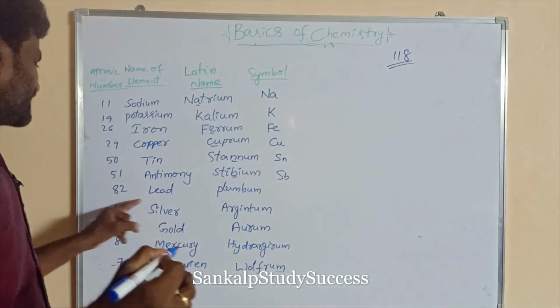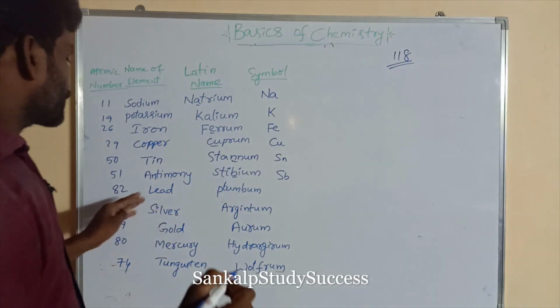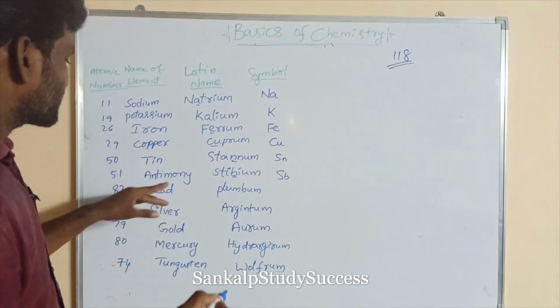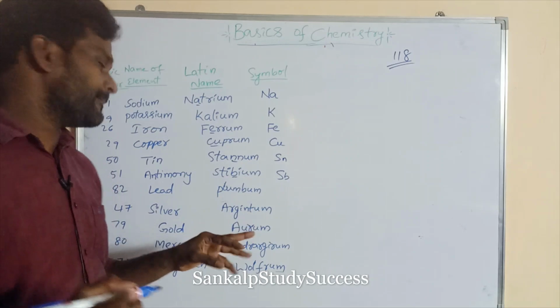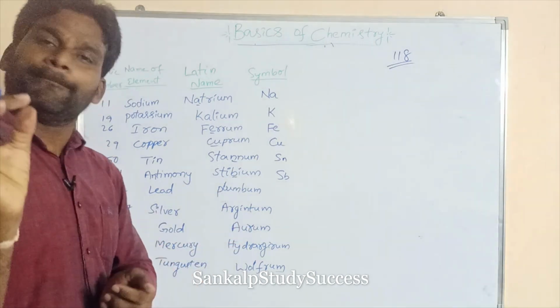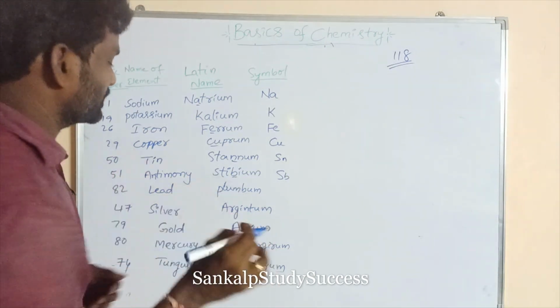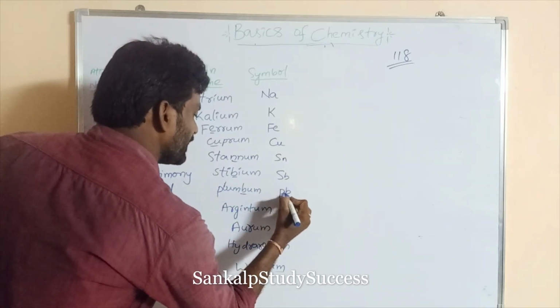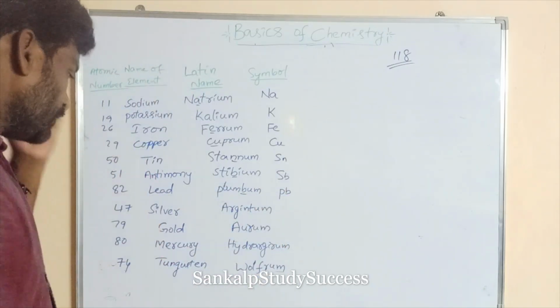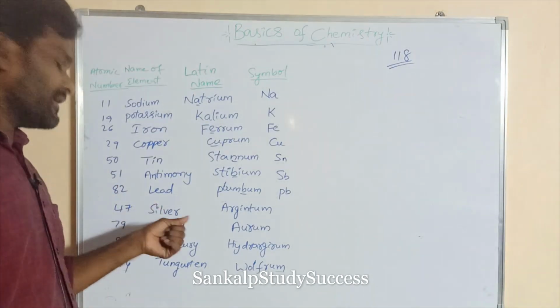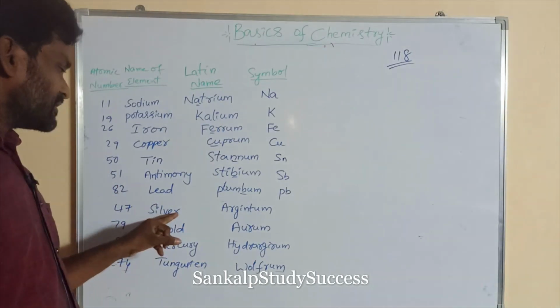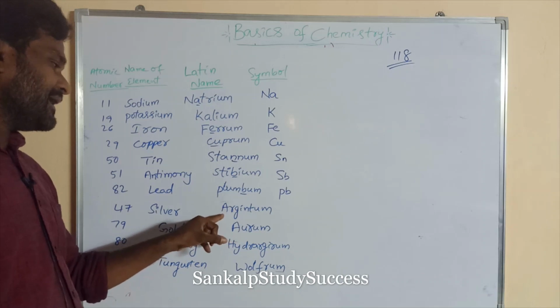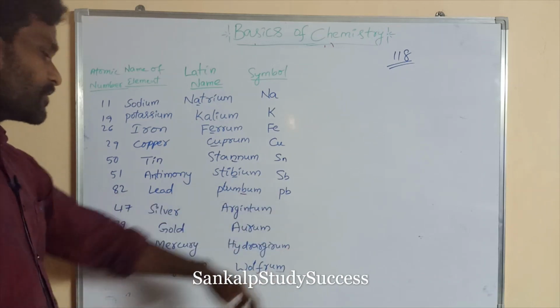Next, lead. Its atomic number is 82. Its Latin name is plumbum. What is the first letter? P. P is already given for phosphorus. Now the stressing letter B is added to the first letter: Pb. Similarly, 47, silver. What is its Latin name? Argentum.